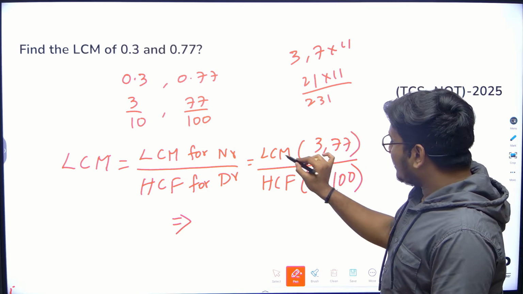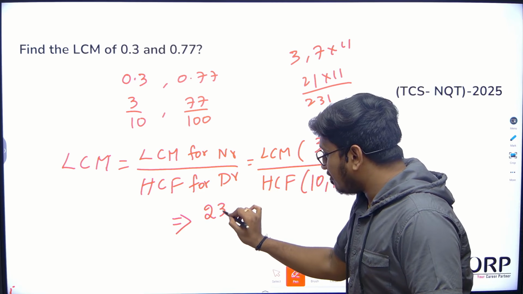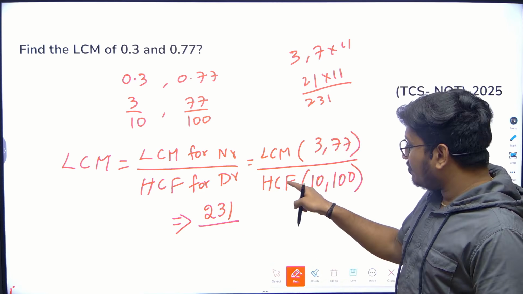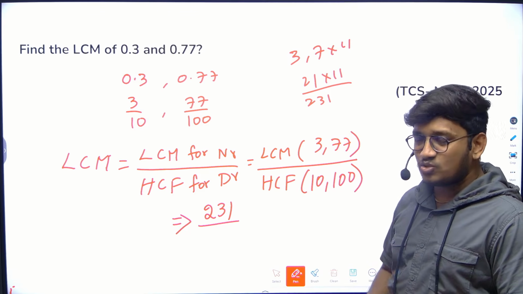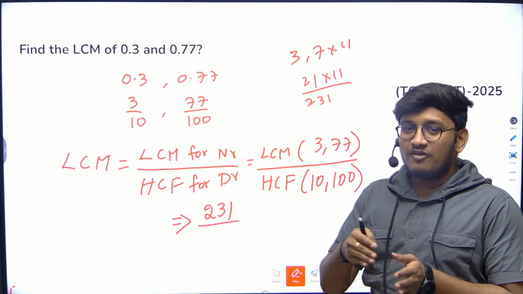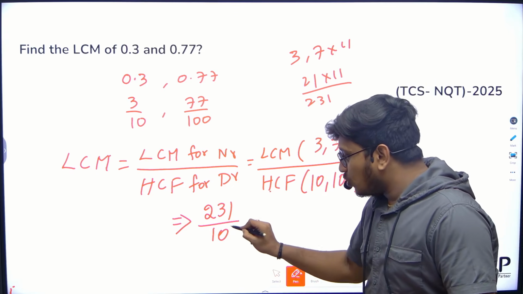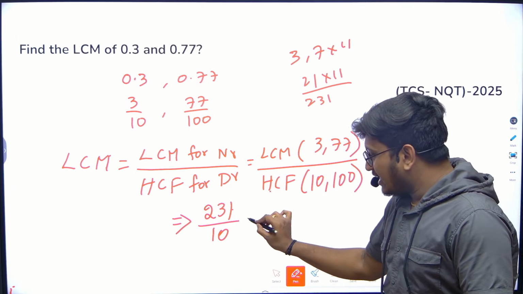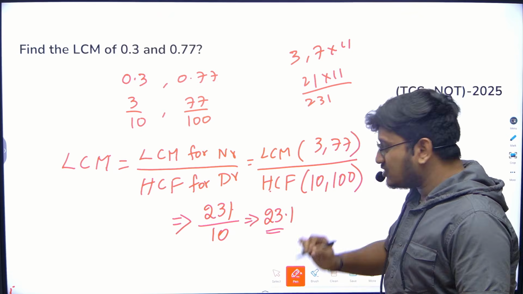So I can say that LCM of 3 and 77 is 231, divided by HCF of 10 and 100. What is HCF of 10 and 100? Obviously 100 I can write as 10 into 10, so the highest common factor we have is 10. So 231 by 10, I can say 23.1. This is your final answer.